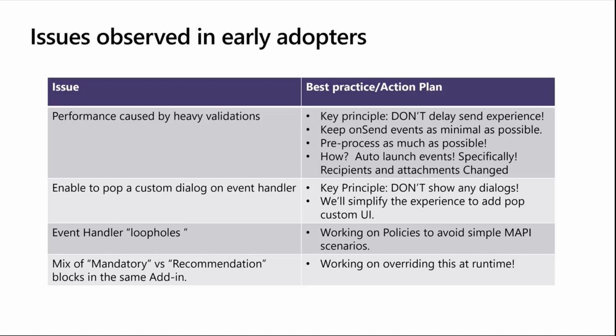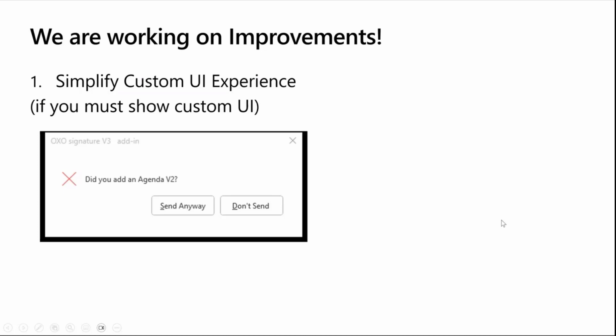And it turns out that this can be changed at runtime. There are some types of blocks that require a recommendation, and sometimes they're validating many policies, and sometimes this needs to be mandatory. So the good news is that we are working on improving this so that you can override it at runtime.